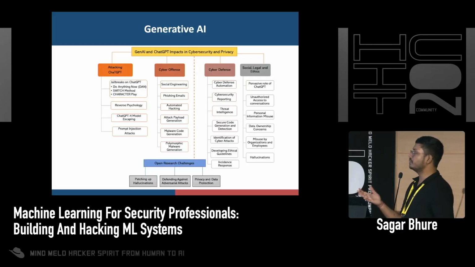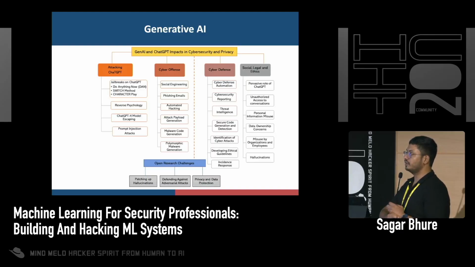There are good things about generative AI, where it can make our work faster. You don't have to scroll through 10 links on Google to find your answer. You just provide whatever query you used to give in Google search, and you get your answers on the fly.